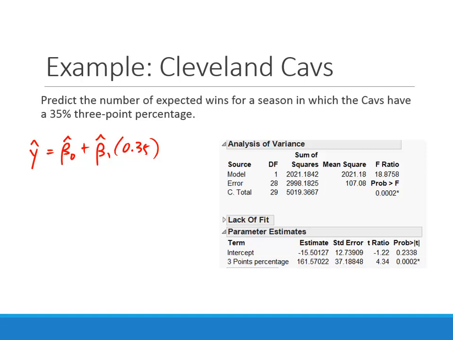And just to remember, where can I find beta 0 hat and beta 1 hat? Yeah, parameter estimate. So this is just negative 15.5 plus 161.57 times 0.35. So if they shot that, we would expect them to have about 41 wins on that season.